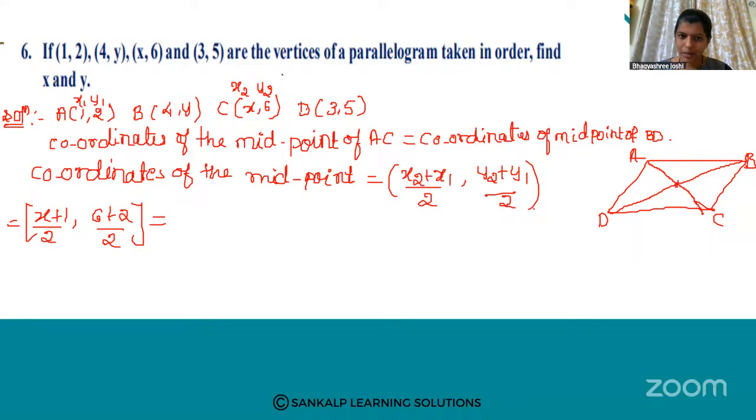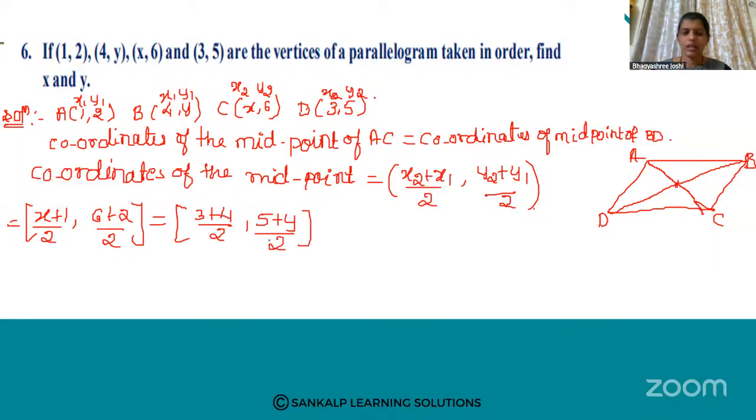That means we'll consider B to D: x1, y1 and x2, y2. For B to D, x2 is 3 here and x1 is 4, divided by 2, and y2 is 5, y1 is y, divided by 2.